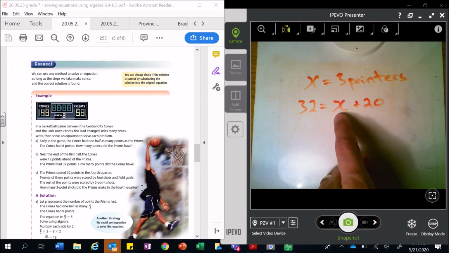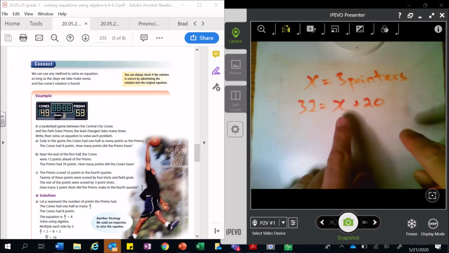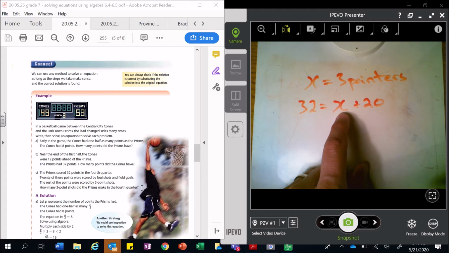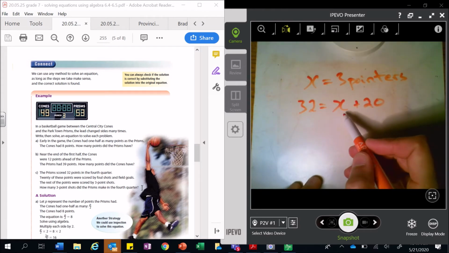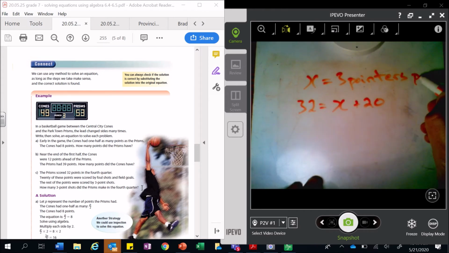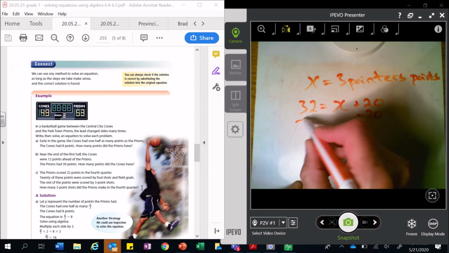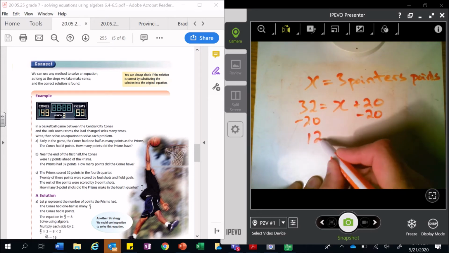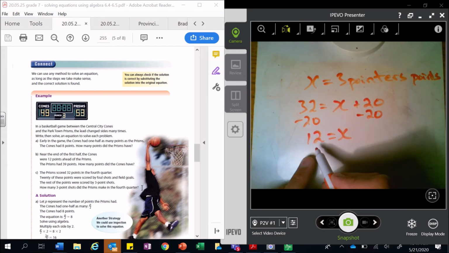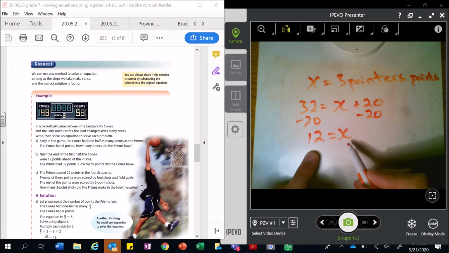I just have to figure out that whatever's left is 3-pointers. But remember, this is points scored by 3-pointers. Well, if 32 is here, let's get X on its own. I've got 12 equals X. That means 12 points were scored by 3-pointers.